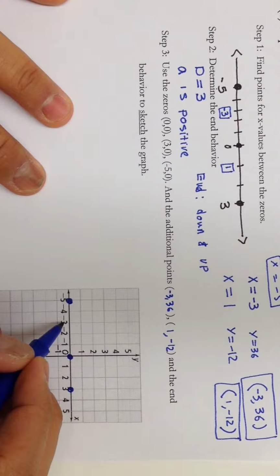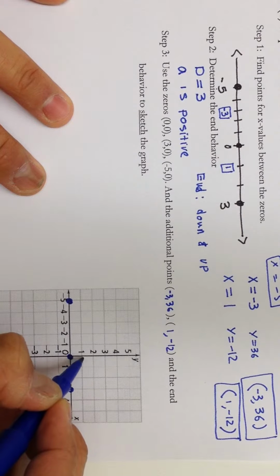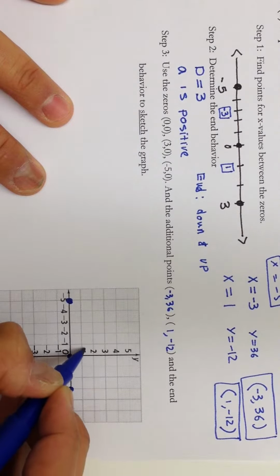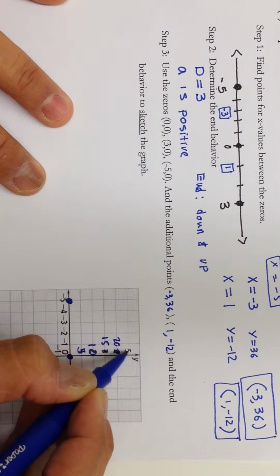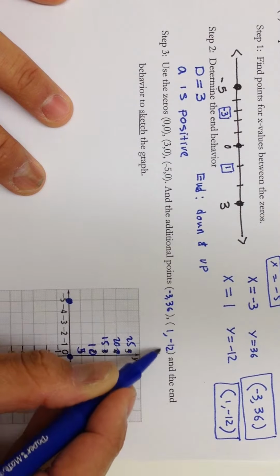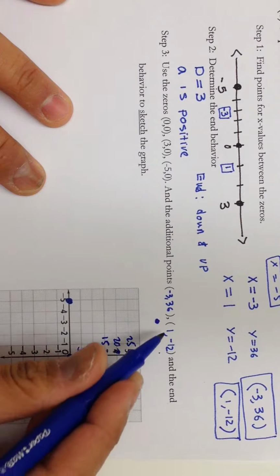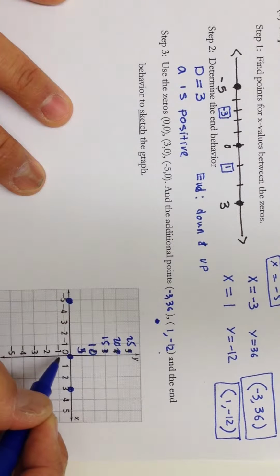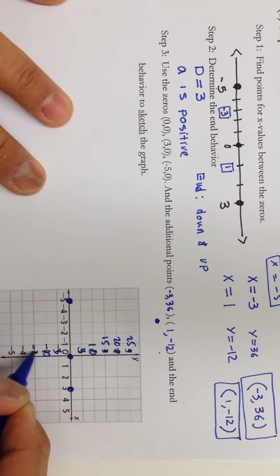Let me change these values to be, let's make each one 5, 10, 15, 20, 25, 30, and then 36. Okay, so somewhere over here is 36. Plot 36. (1, -12). So -5, -10, and -15. So -12 should be over here.